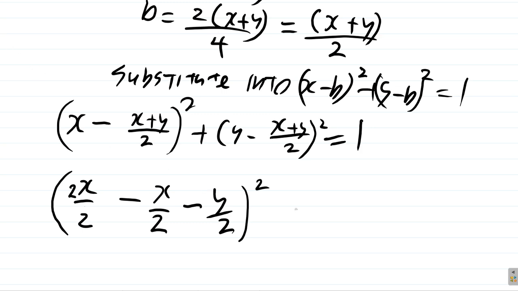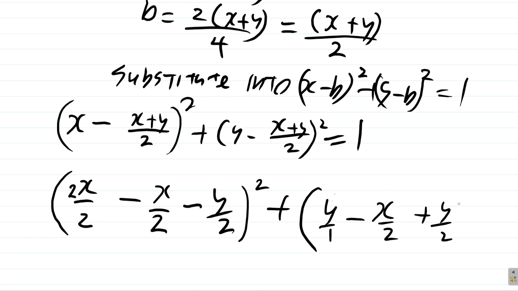And then plus, the same thing would happen here. It would be (y over 1 minus x over 2 plus y over 2) all squared equals 1. But this would be 2y over 2, right? It's 2y over 2.